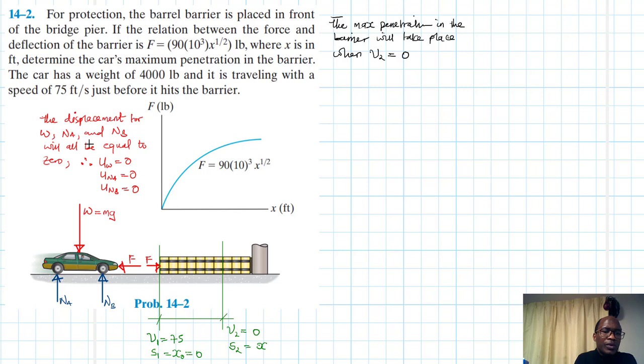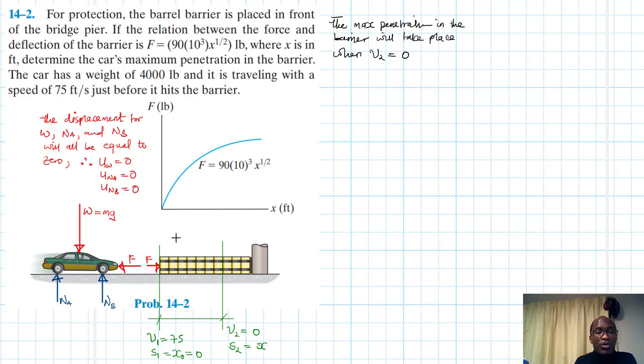This U is the total work. The work due to the weight is going to be equal to 0, the work due to the normal force at A is going to be equal to 0, and the work due to the normal force at B is going to be equal to 0.